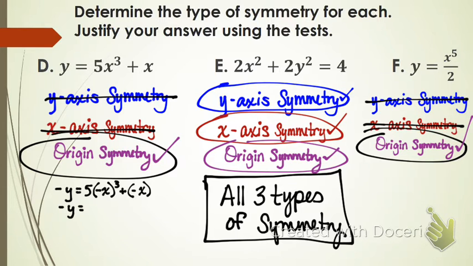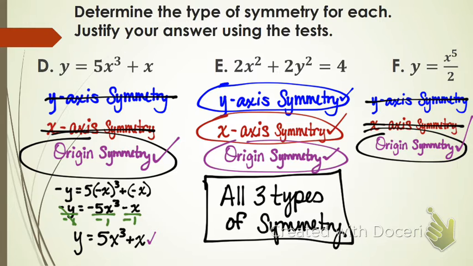I would have negative y equals negative 5x cubed, and when I add a negative, that's minus x. Then because of the y, we divide everybody by negative 1, and that sends me right back to a positive 5x cubed plus x. Does that make sense? Cool.